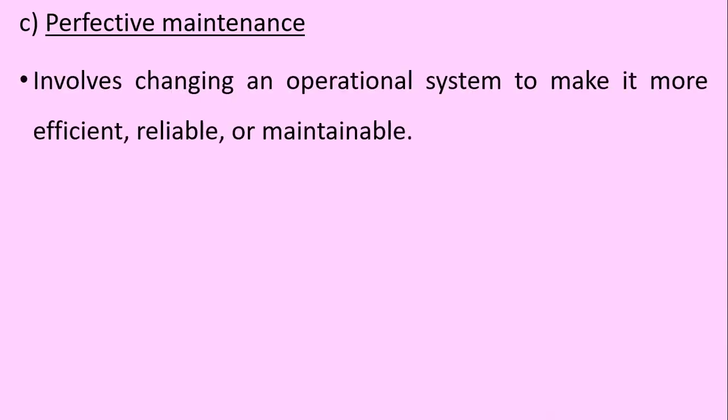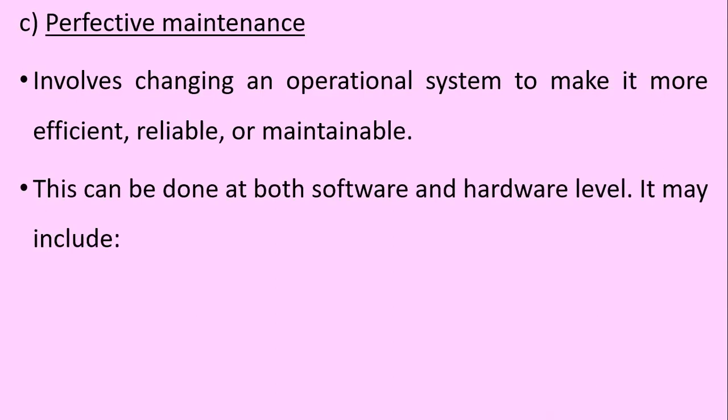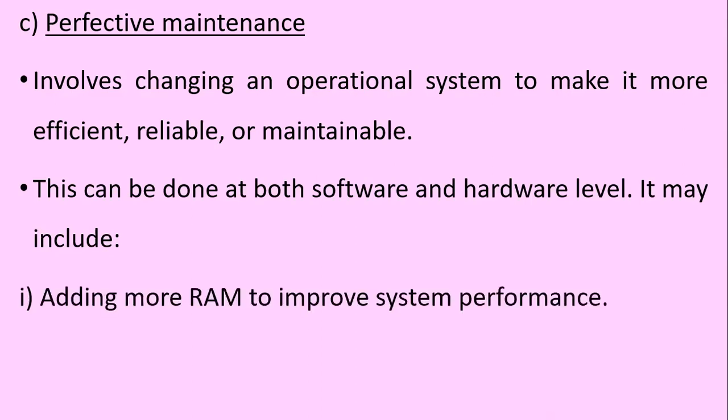The third type of maintenance is called perfective maintenance. This involves changing an operational system in order to make it more efficient, reliable, or maintainable. This can be done at both software and hardware level. It may include, number one, adding more RAM, or random access memory, to improve the system performance.